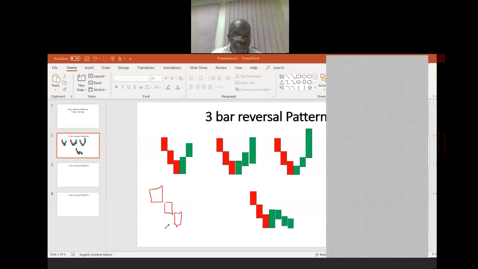If this is candle 1, this candle 2, then candle 3 decides that now it's just going to be sitting here on the same line as this one. Again, I think I gave an extended example of that.